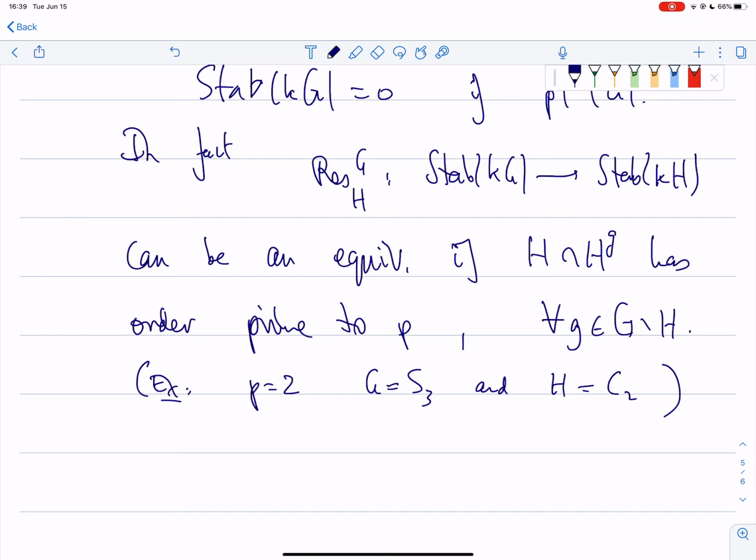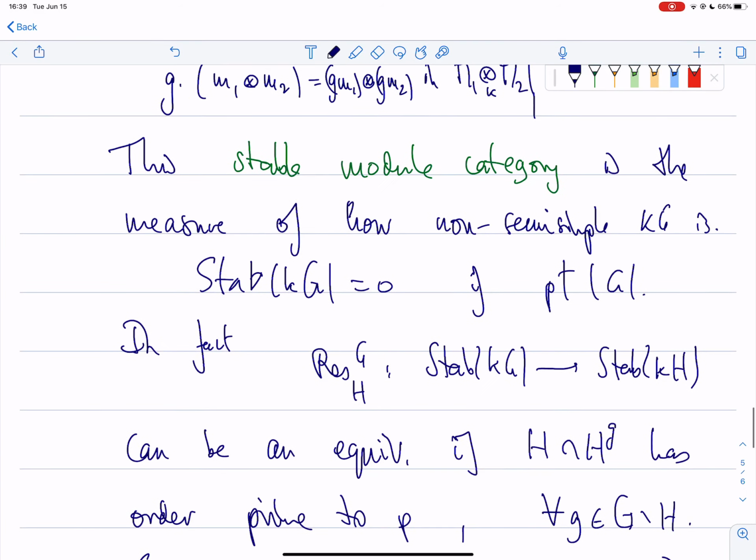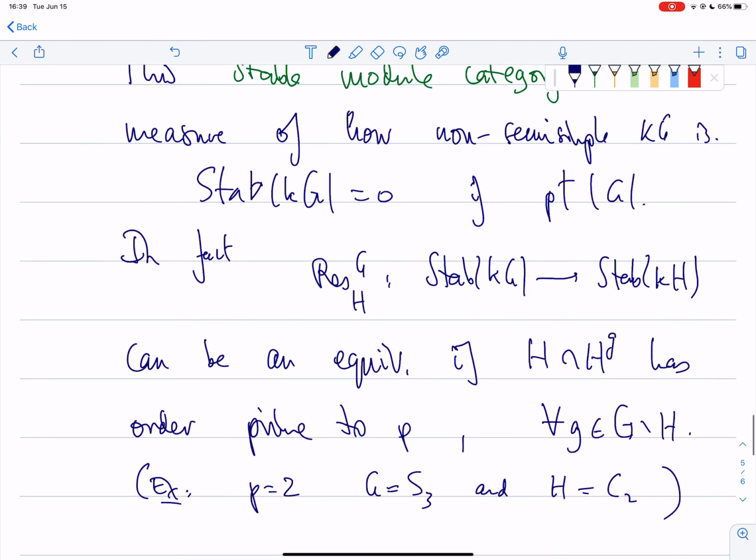You take one transposition, and when you conjugate a transposition by anything else, you will get another transposition, transposing two other letters, and that would intersect trivially with H. So that's an example where the representation theory would boil down strictly to C2.